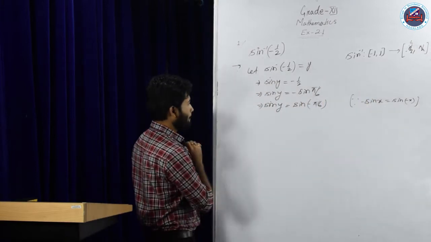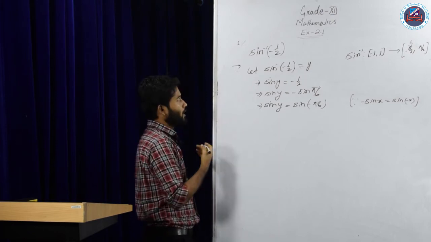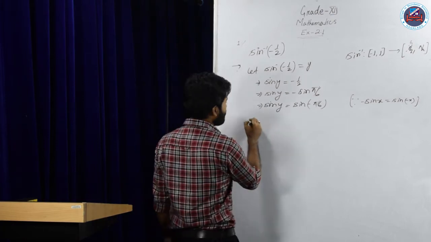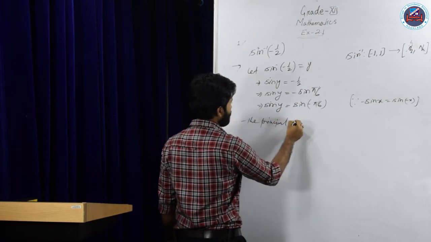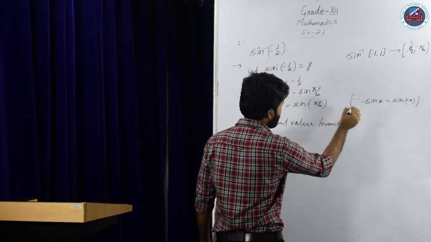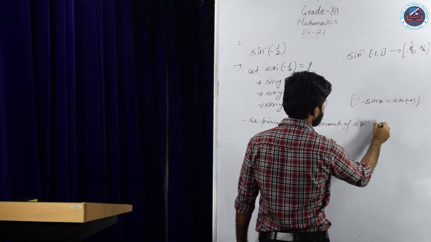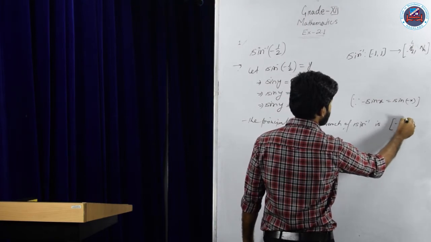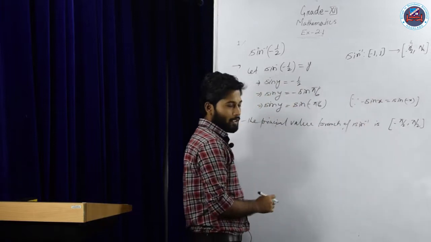Now, what is the principal value branch of the sine inverse function? The principal value branch of sine inverse is minus pi by 2 to pi by 2, from here, right?